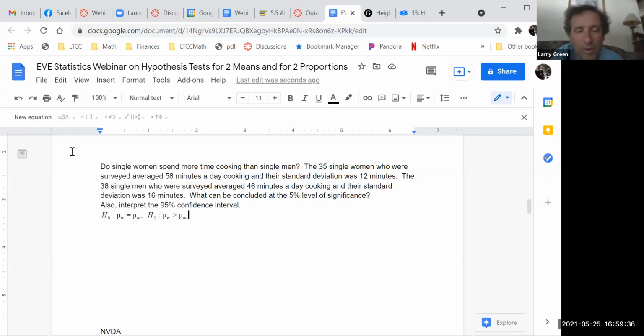It's very important. Had we looked at, instead of single men and single women, married couples, 35 wives and their 35 husbands, then they're paired up.